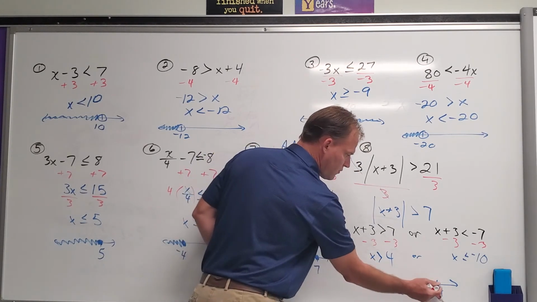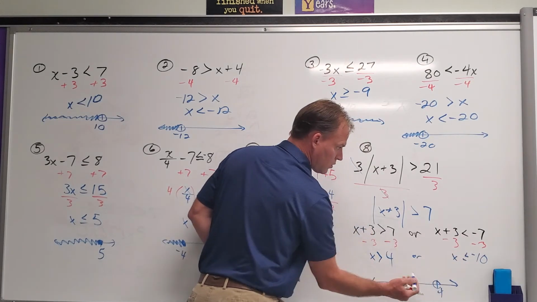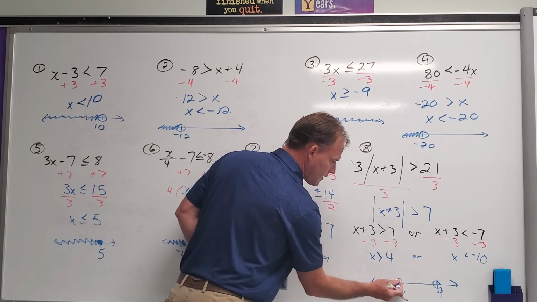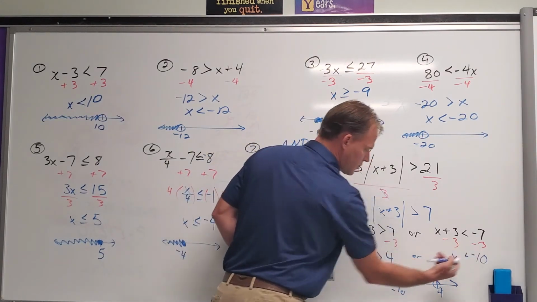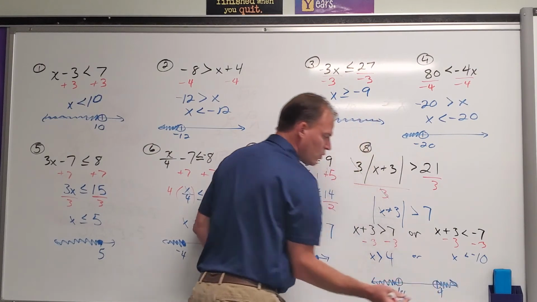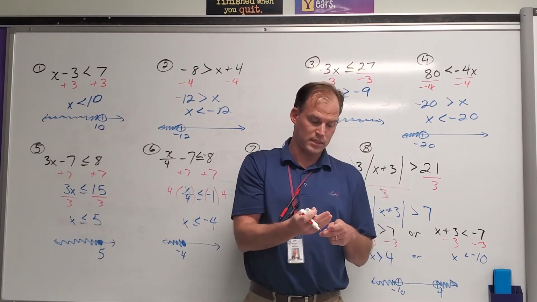Open circle on the 4, closed circle, wait, what did I do? Open circle on the -10, less than or -10, greater than 4. We know it's an or, so we're going to shade outside the 2.